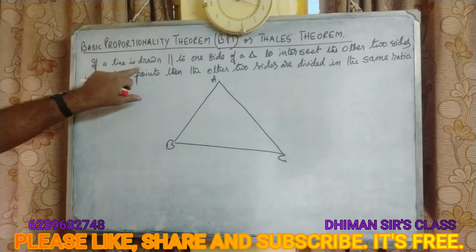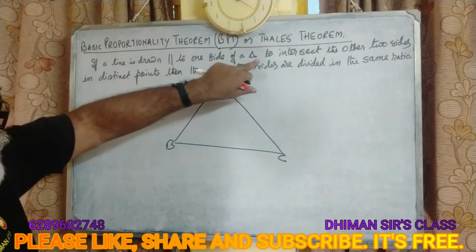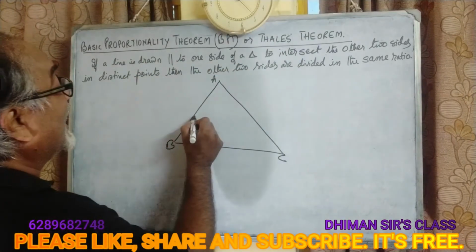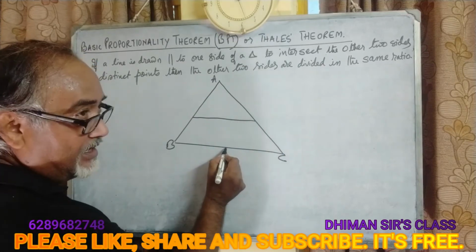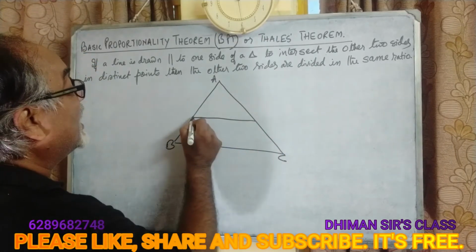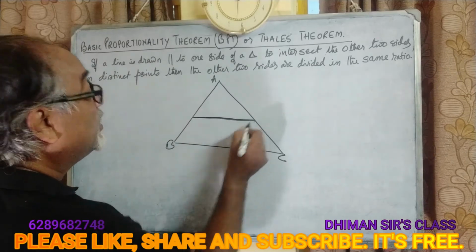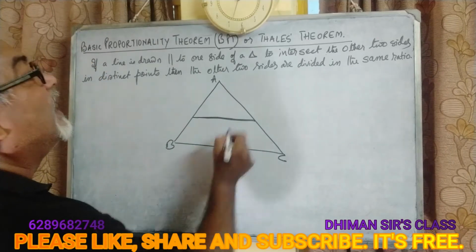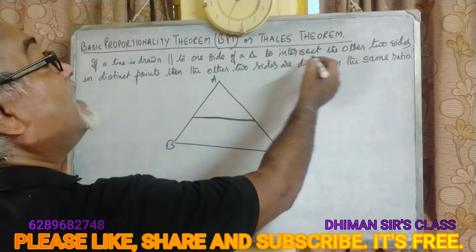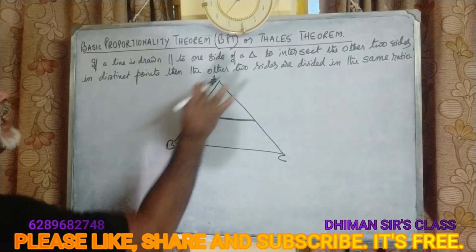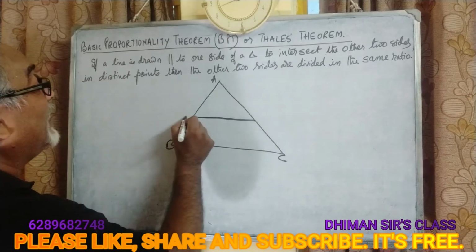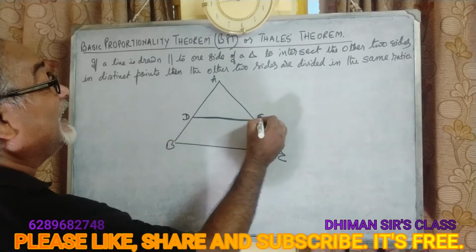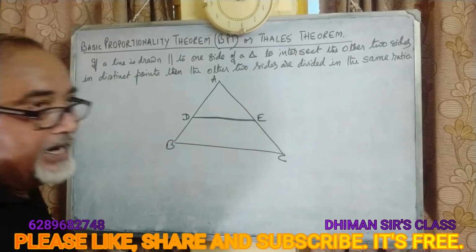Now, if a line is drawn parallel to one side of a triangle, let this be the side, and a parallel line is drawn to this side BC, to intersect the other two sides. These are the other two sides. In distinct points, let D and E be the two distinct points.